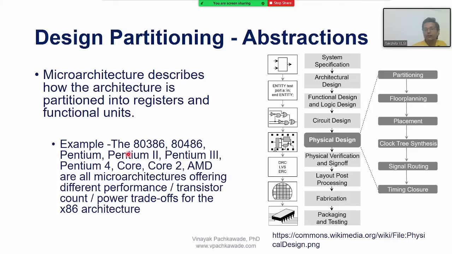For example, microarchitecture means your entire team comes to know what microprocessor it is. Is it 80386, 80486, Pentium, Core, AMD? They're all called microarchitectures, and these different names and numbers suggest designs with different numbers of transistors, different power requirements, different speeds and so on.